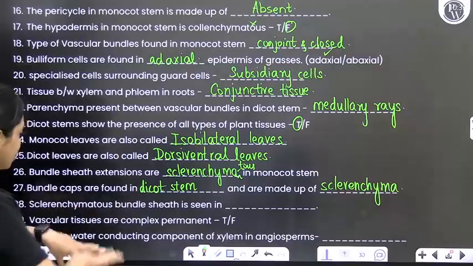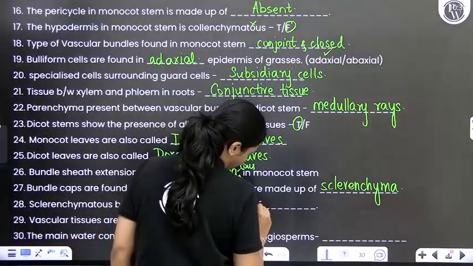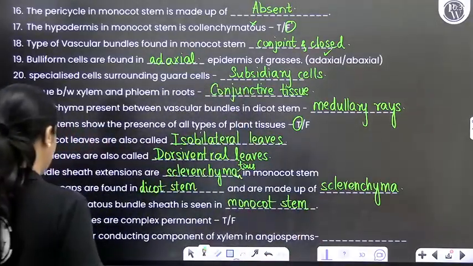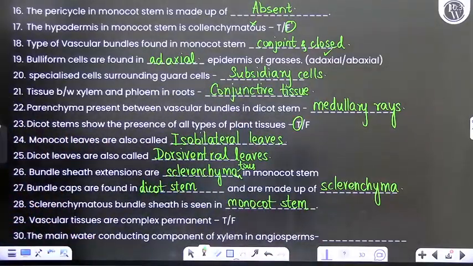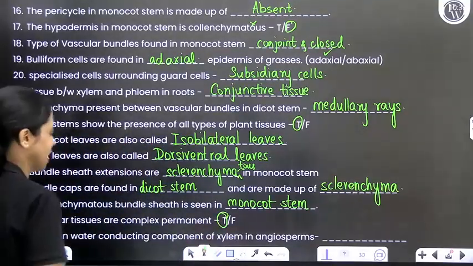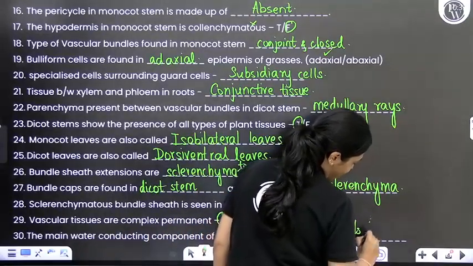Sclerenchymatous bundle sheath is seen in monocot stem. Vascular tissues are complex permanent tissues. The main water conducting component of xylem in angiosperms is vessels, which is also called trachea.